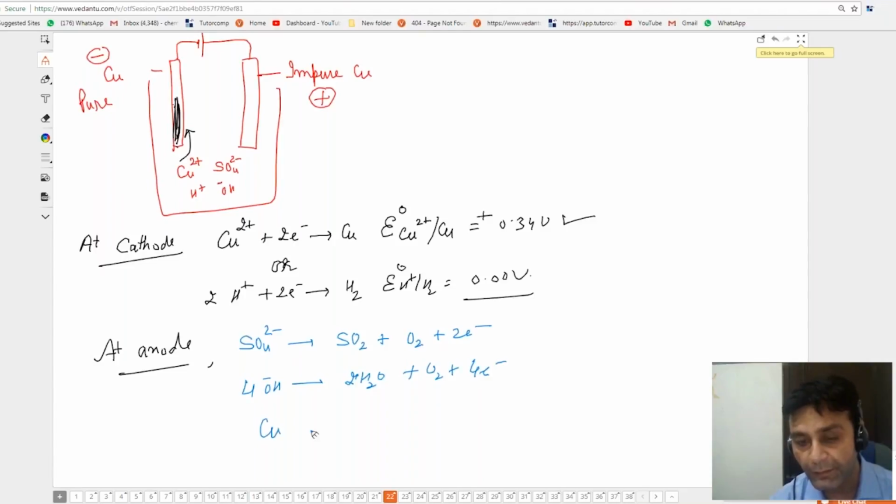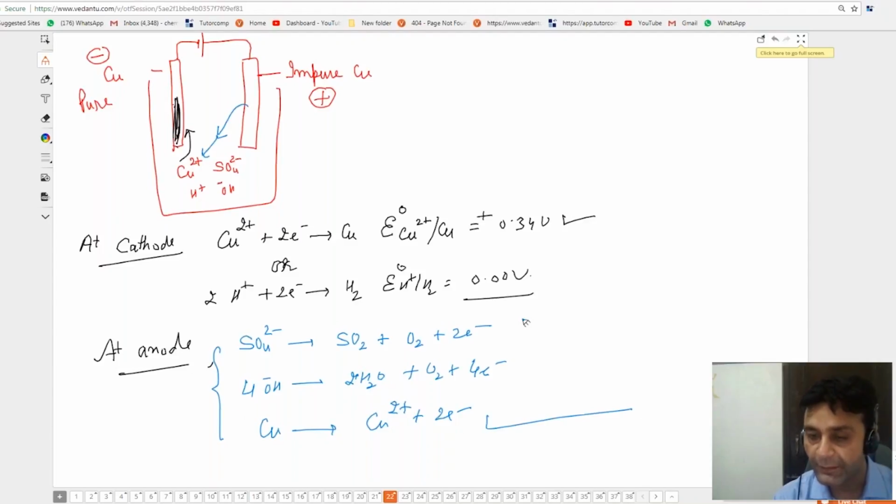The other possibility is that the solid copper undergoes oxidation. Out of these three, the one that will take place is the one which requires minimum potential, minimum energy. So from here, the copper ion comes into the solution. This one takes place, the others do not. Are all of you getting me?